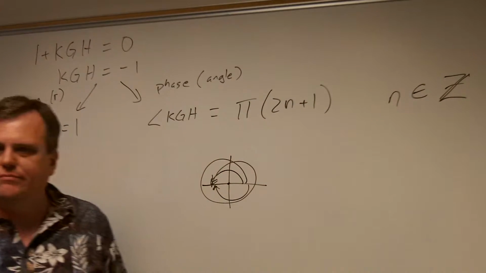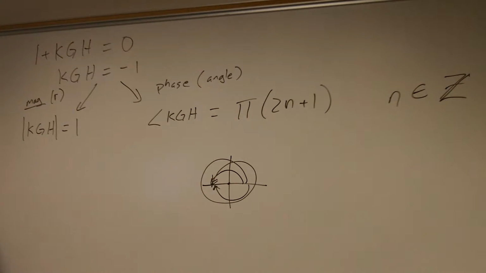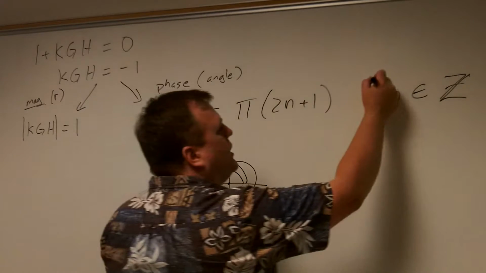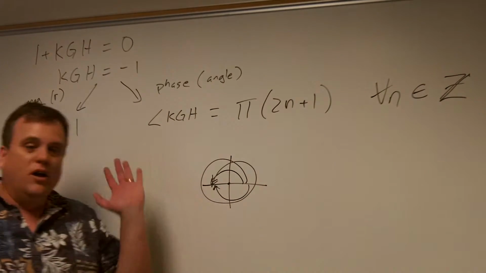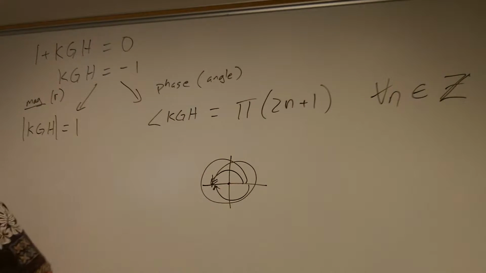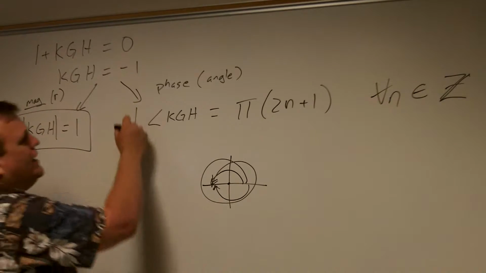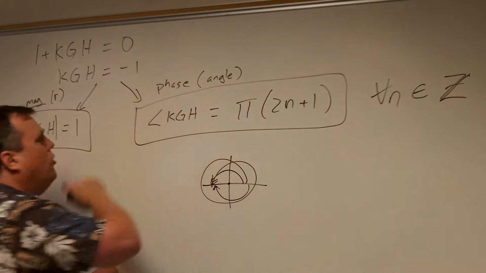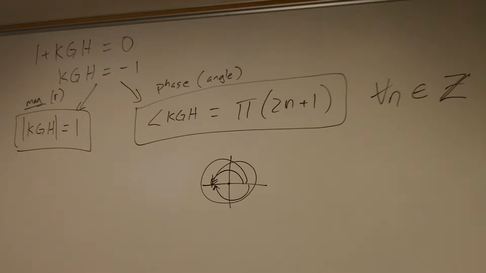Right? And I could actually say, if I wanted to, for all or for any of them. Fair enough? So these are the two conditions from which we develop all the rules of how to plot what's called a root locus.